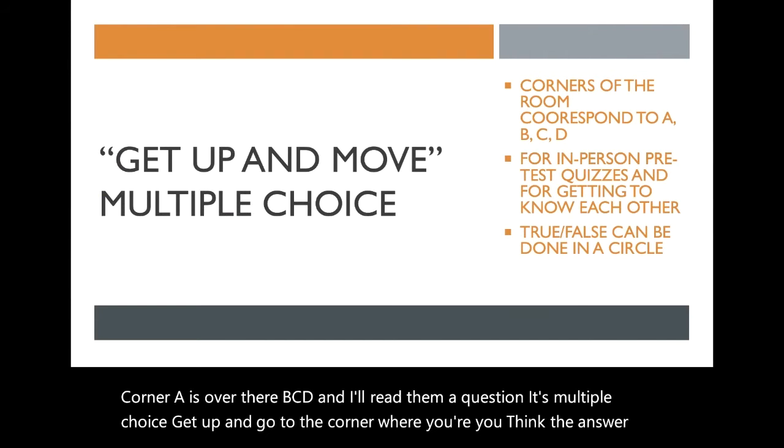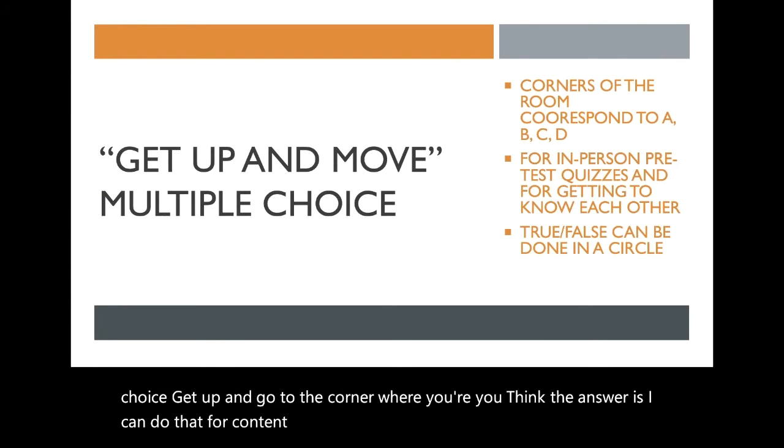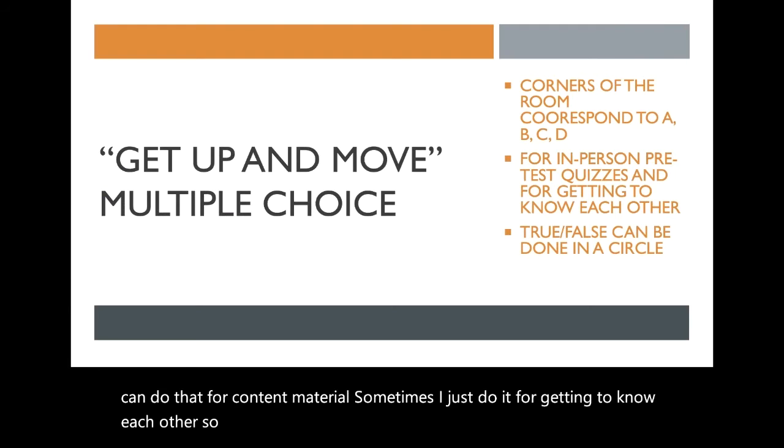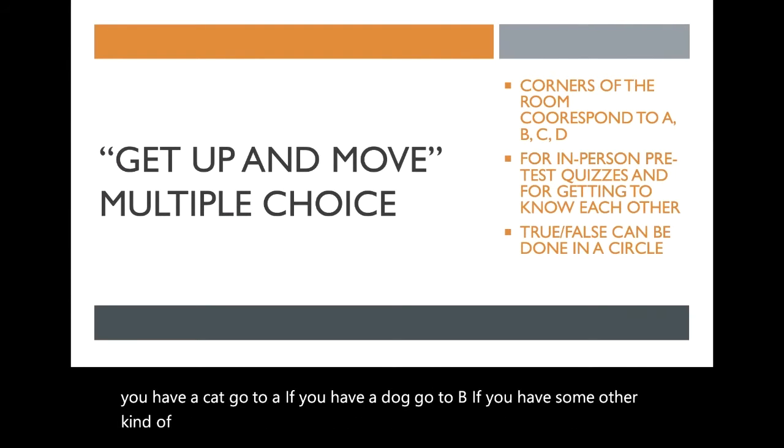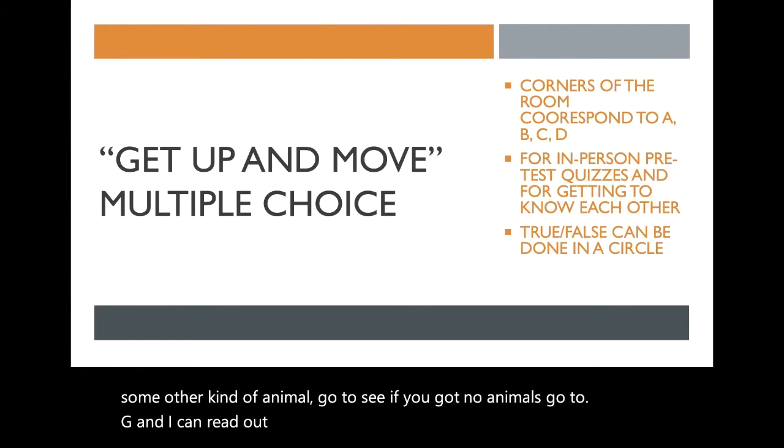I can do that for content material. Sometimes I just do it for getting to know each other. So again, I'll give the example of pets. If you have a cat, go to A. If you have a dog, go to B. If you have some other kind of animal, go to C. If you have no animals, go to D. And I can read out a bunch of questions. We just have them move around.